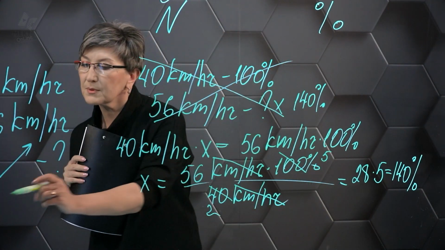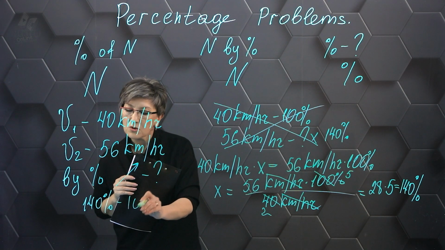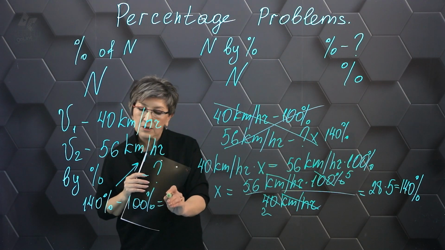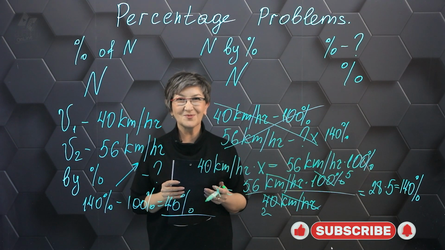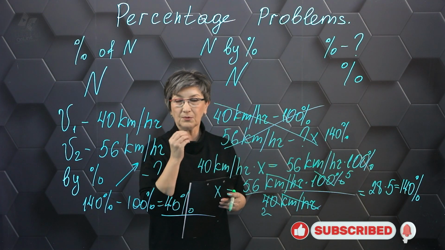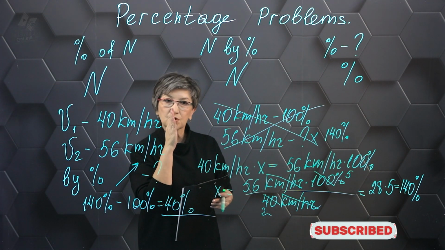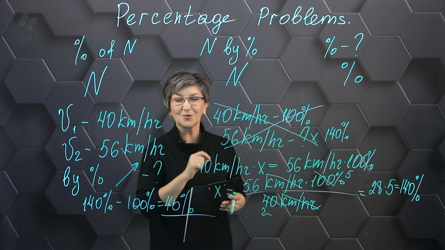I take 140%, I subtract 100%, and the result is 40%. That will be our answer. As you can see, using the method of proportion, we clearly understand how we need to make this equation to get the right answer.